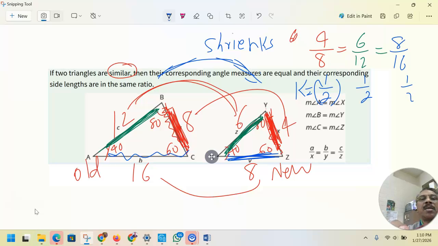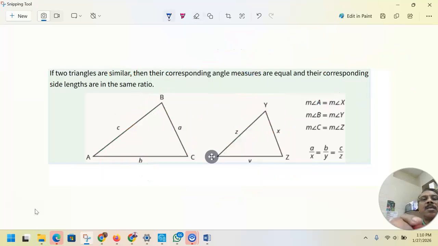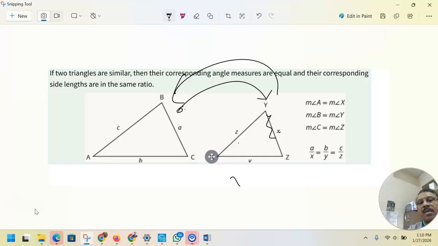But you can also use the ratio the other way. Instead of new over old, you could go backward. Instead of saying x over a, they already gave us this: a over x.